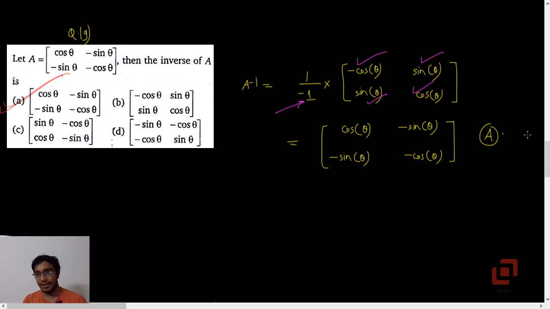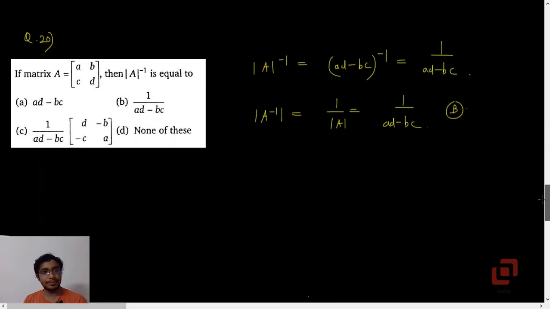Okay, question 19. Let's go to 20th. Well, 20th is the formula itself. If the matrix A is ABCD, then determinant of A raised to minus 1 equals... I think now this is slightly different.